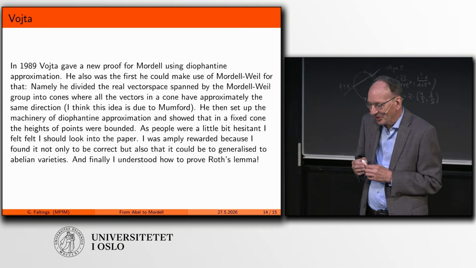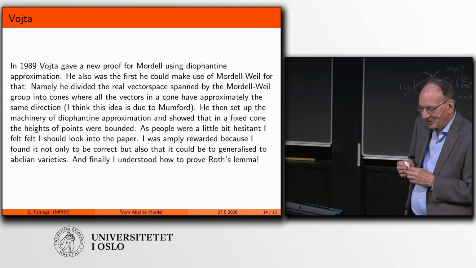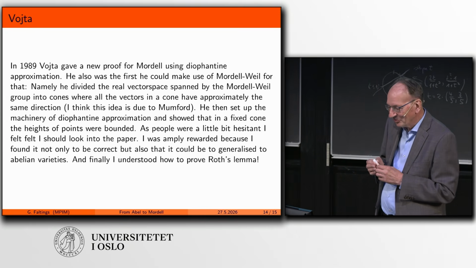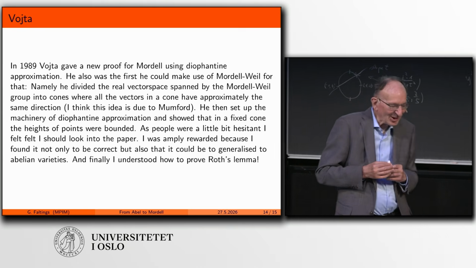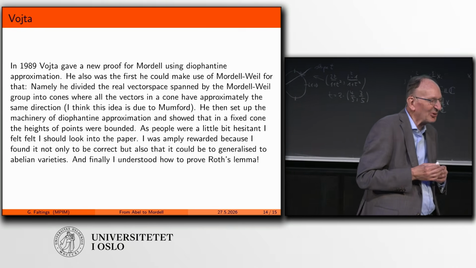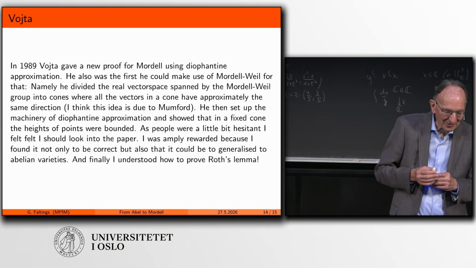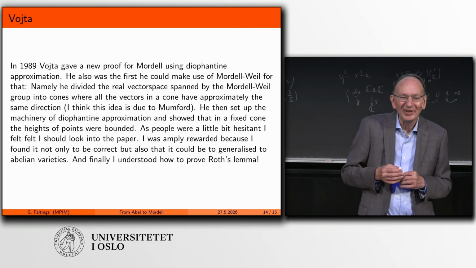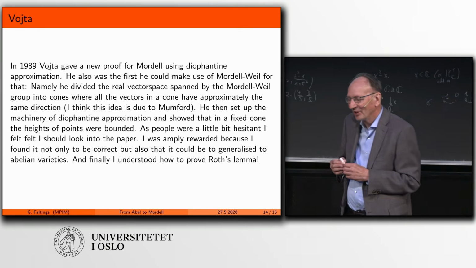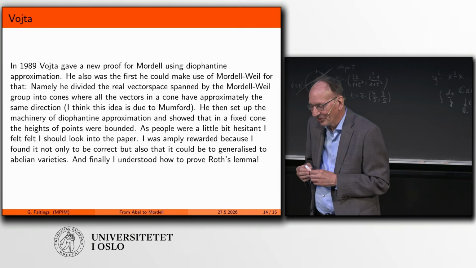Well, and I got involved. People told me that it was a nice thing. Maybe they just were happy that they didn't have to hope to quote Faltings anymore. But nobody seemed to be quite willing to say that it was correct. And then I said, well, I should look into this.